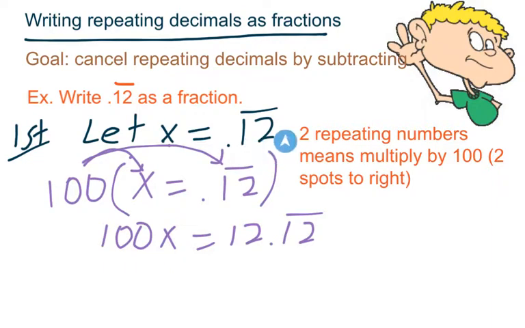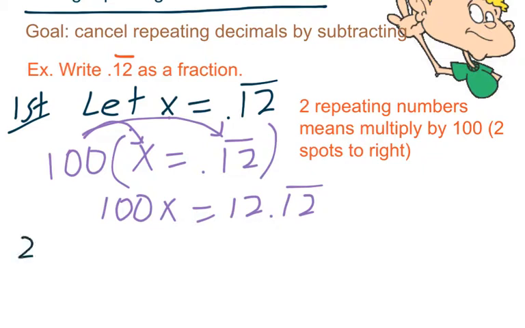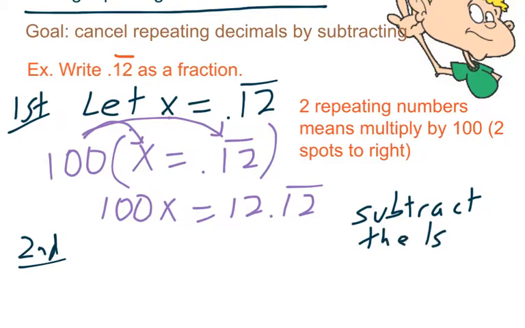Now my second step is I want to subtract the first equation. And the reason I want to do that is that cancels out my repeating part. So my first equation was up here, the x equals 0.12 repeating. So I'm going to subtract that out.